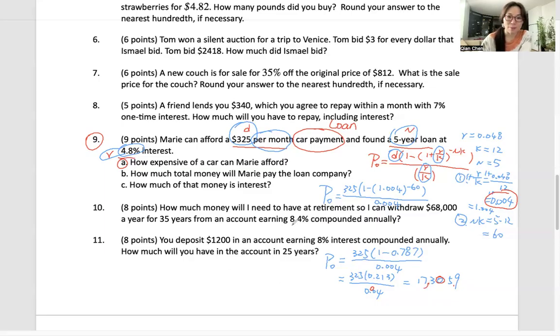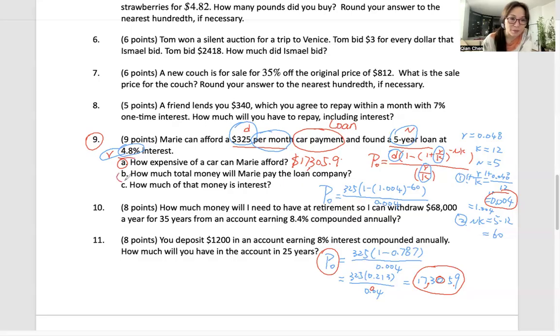That means if I'm able to pay $325 per month for the car payment, this is how expensive a car I can afford. So I can afford a car costing $17,305.90. Okay, that's the first part.